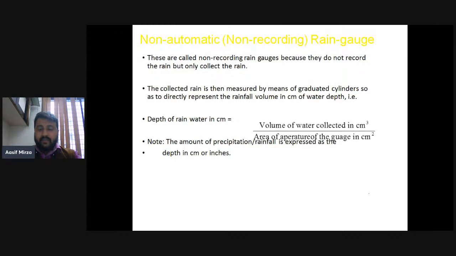Whatever unit we take for the volume and the area of the aperture will decide the depth of rainwater in centimeters, inches or meters.